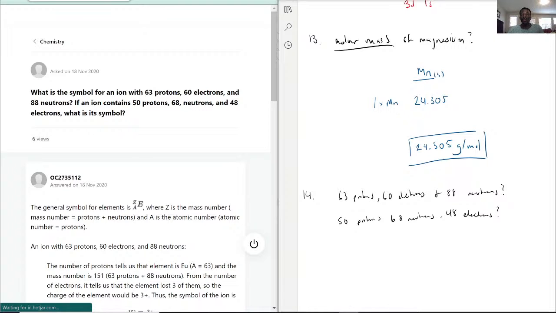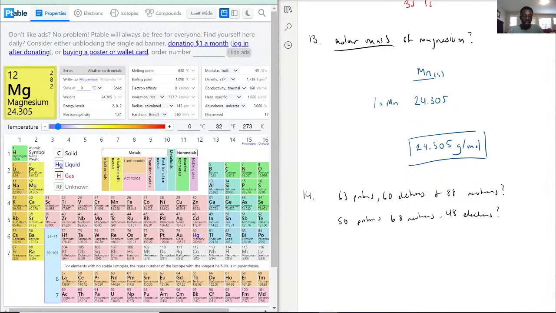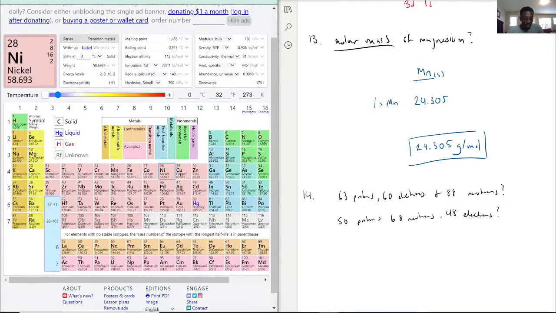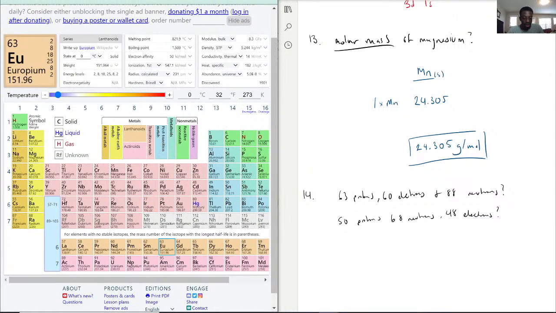So for this, I think they want us to write the isotope form. With that being said though, 63 protons actually tells us what element we're dealing with, okay? So, just to make sure here, element number 63 would be europium, okay?